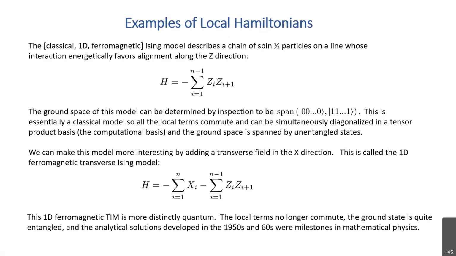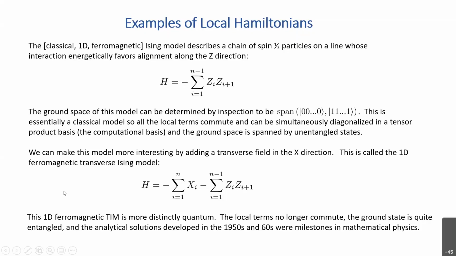But we can make this a lot more interesting, say by adding a transverse field in the x direction. And then these terms no longer commute. And so this is called the 1D ferromagnetic transverse Ising model because of this transverse field. And it's certainly more distinctly quantum. The ground state is highly entangled, so it's not a product state.